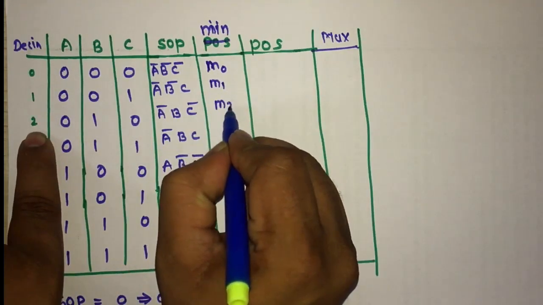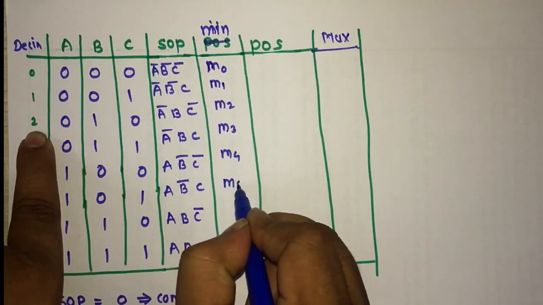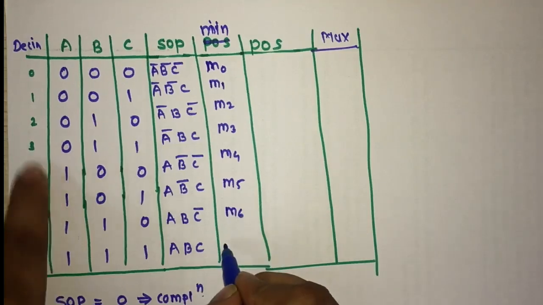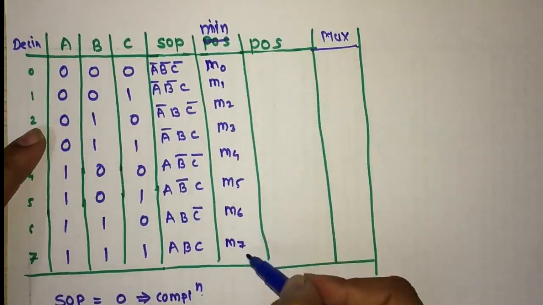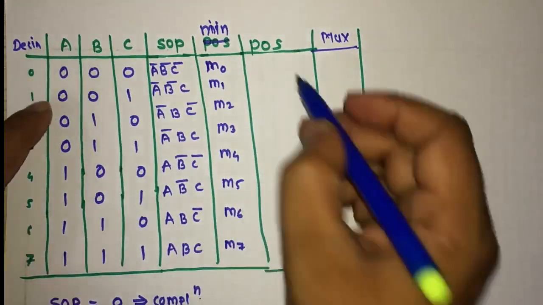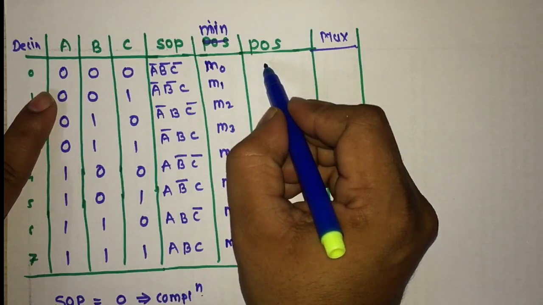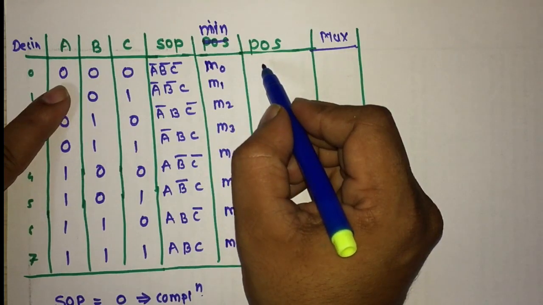This is for m2, m3, m4, m5, m6, m7. Okay, so these are min terms.